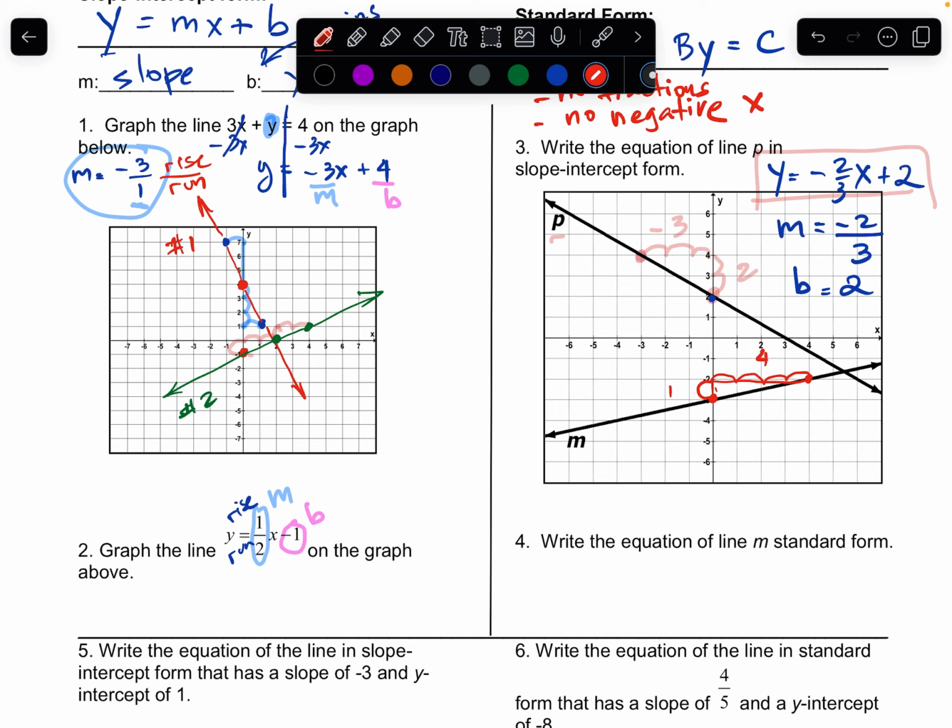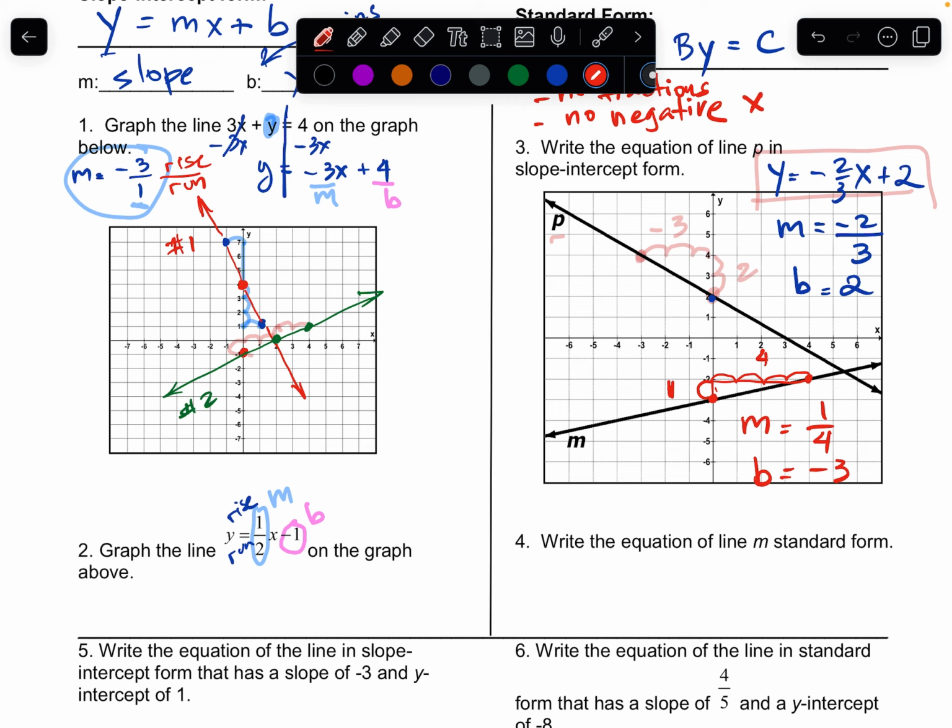Okay, so I counted 4. So my slope is rise of 1 and a run of 4, and my y-intercept is right there, at negative 3.